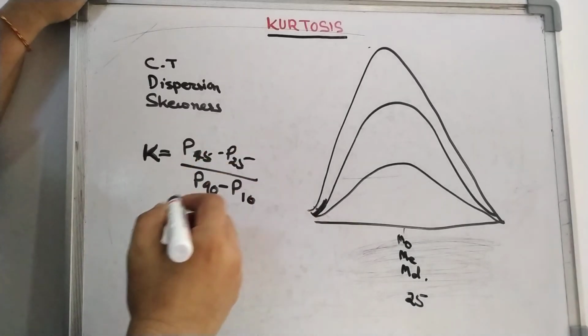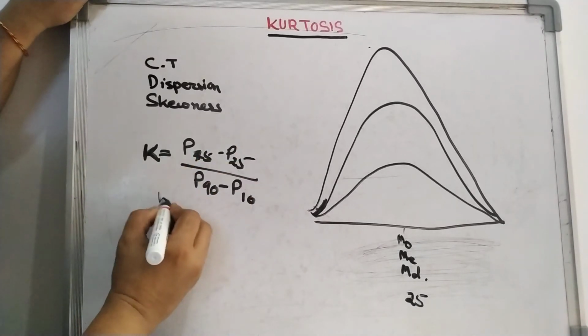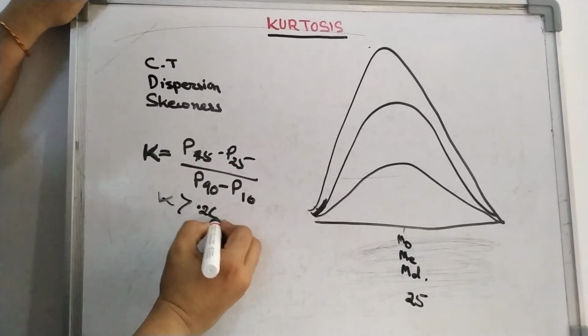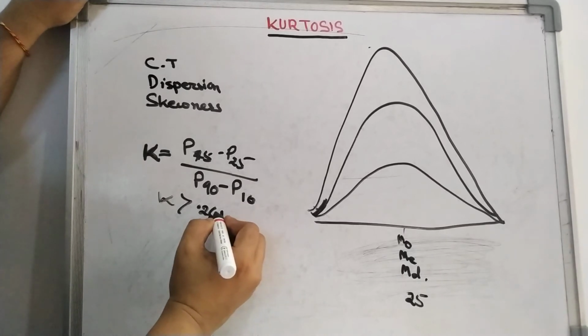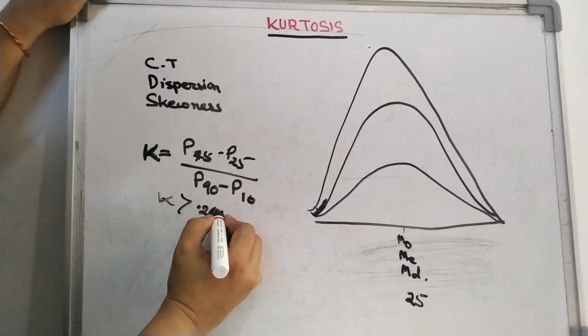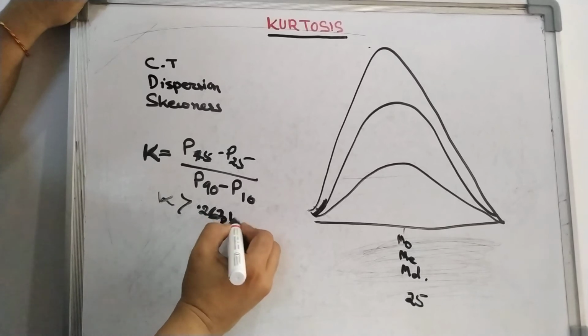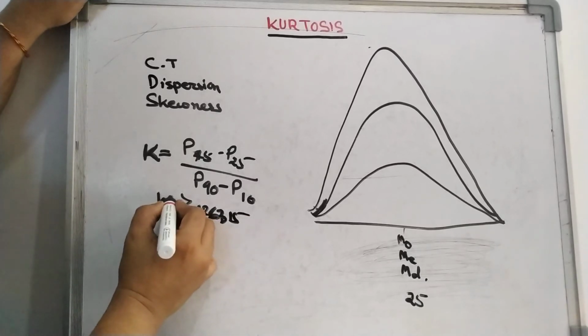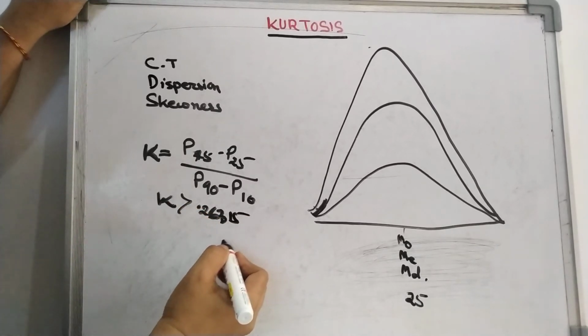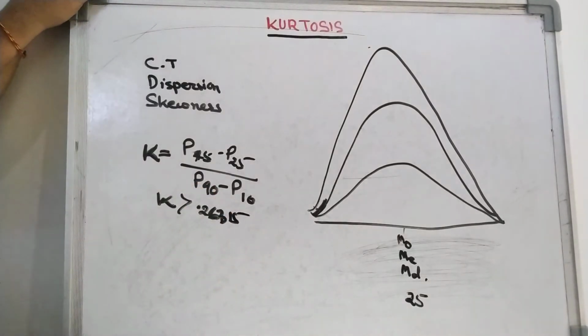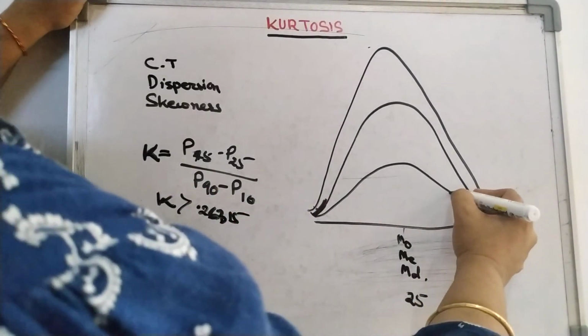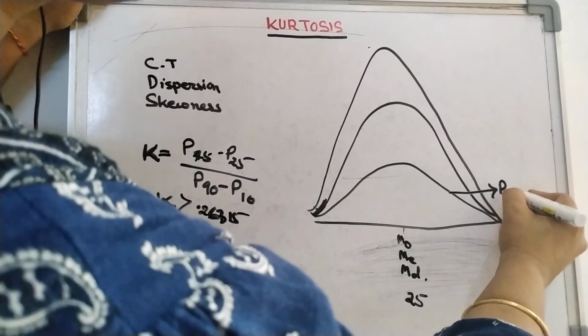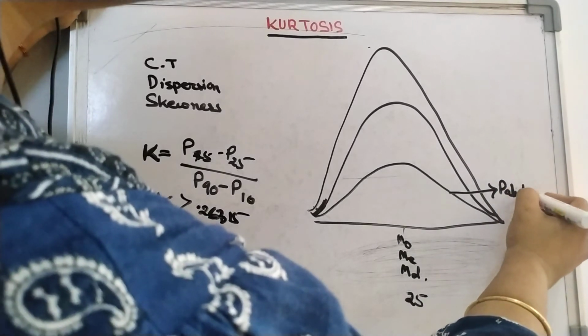Okay, if the value of kurtosis is greater than 0.26315, it is a platykurtic curve. That means this last one is platykurtic.